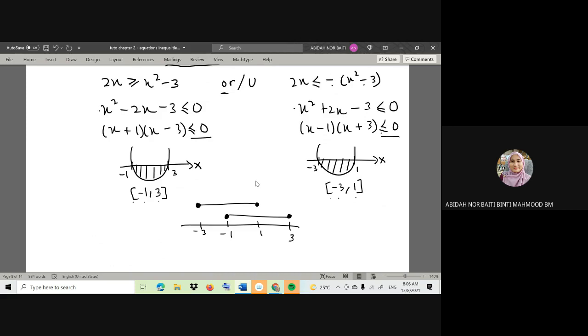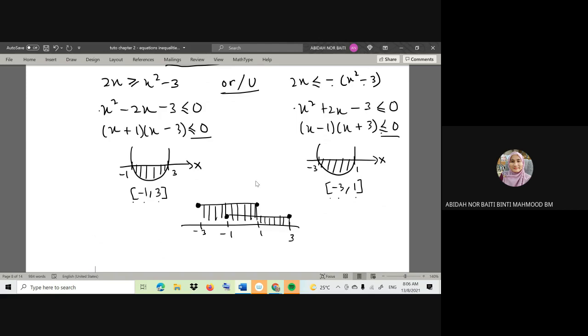Okay, now or, what's or? All must shaded. So what is your answer? So how to shade it? Single line we shaded. Okay, double line we shaded. And single line also we shaded. All must shaded, yeah?